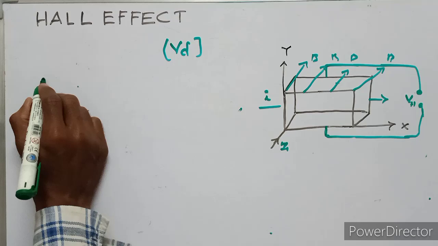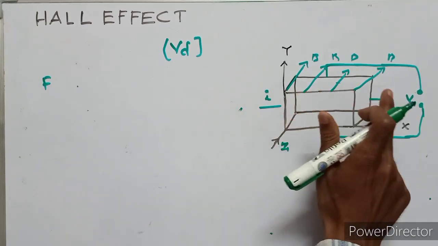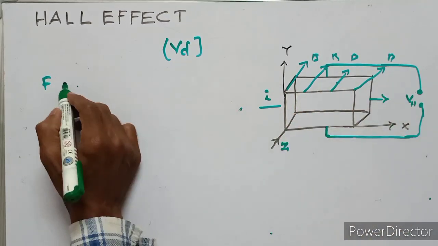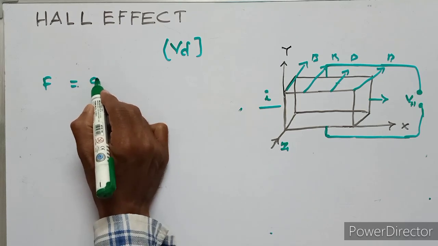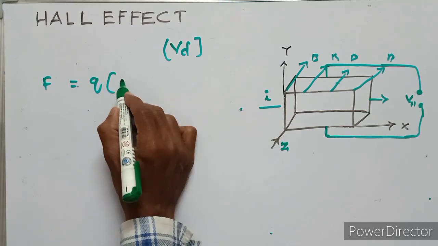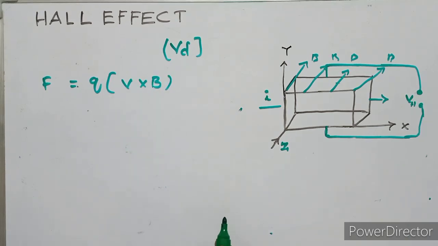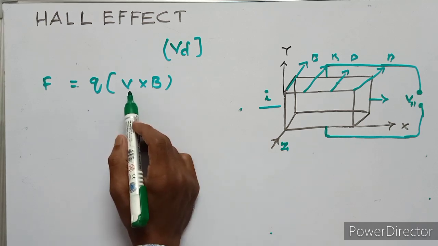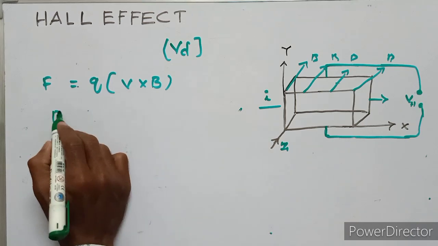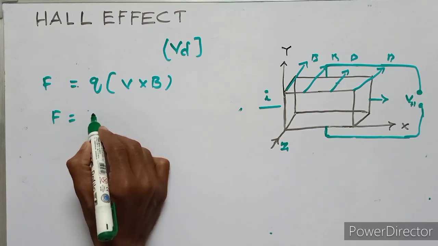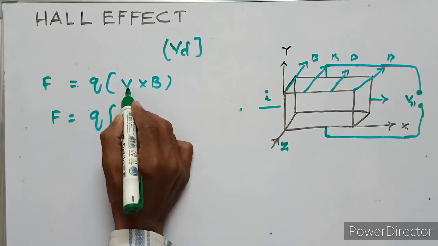The force is established by magnetic field. F is equals to, we know that, Q of V cross B. Then what is the here V?